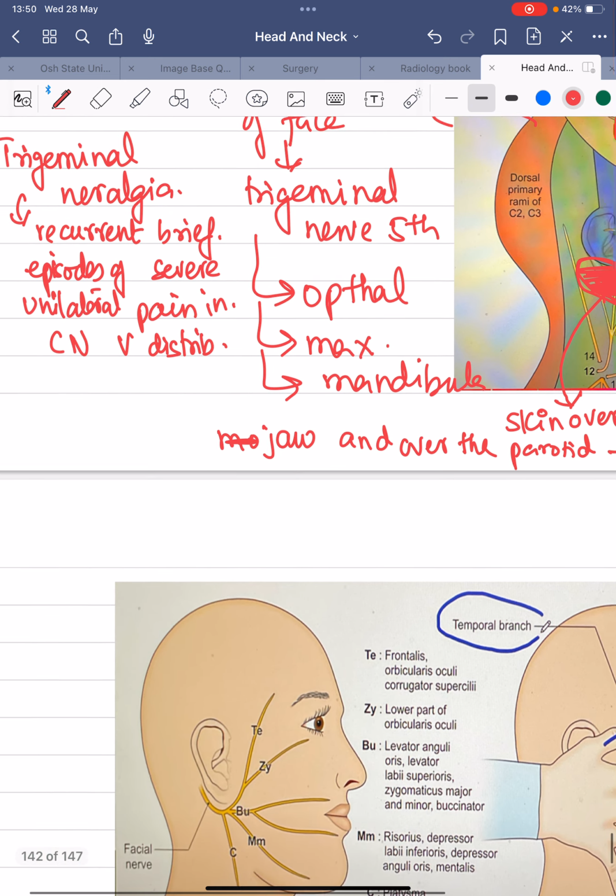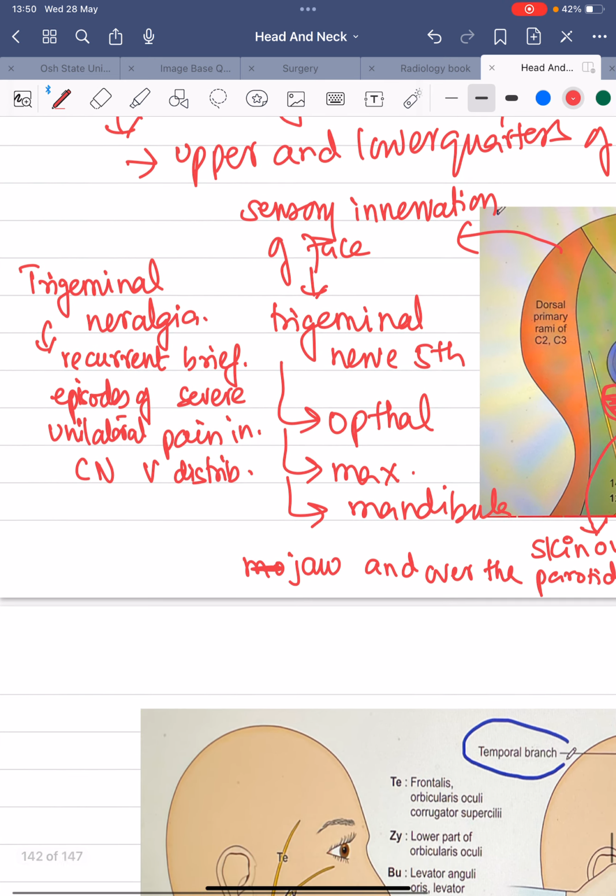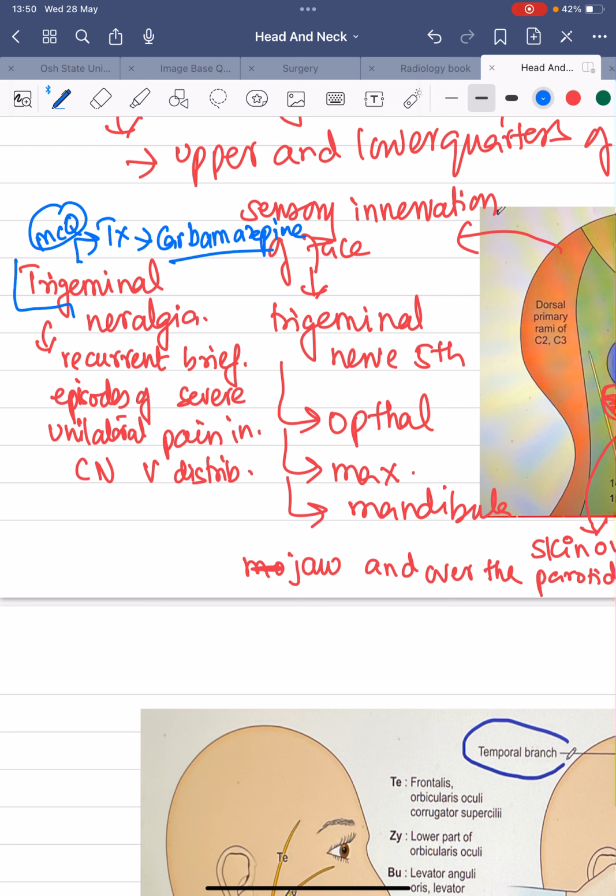So what is the treatment of trigeminal neuralgia? The answer is carbamazepine. So this is also your MCQ. These 2 points you must remember.